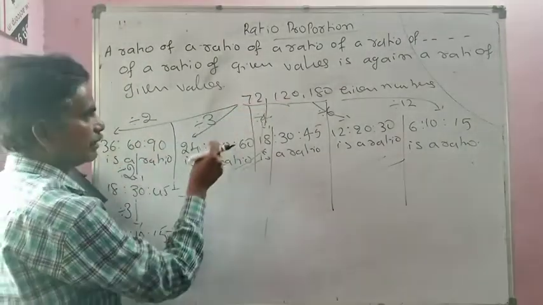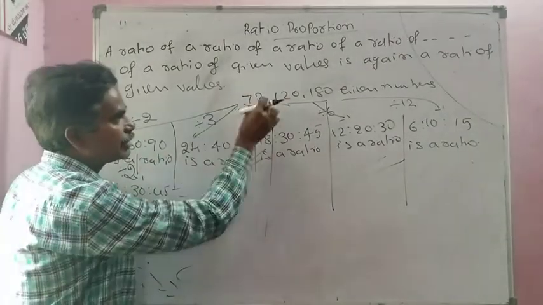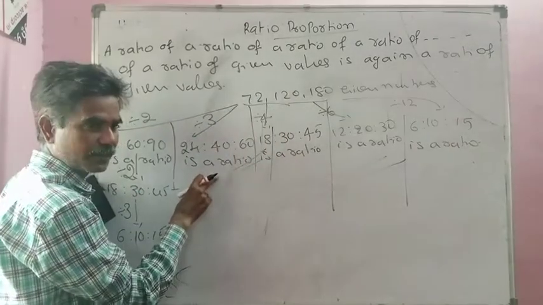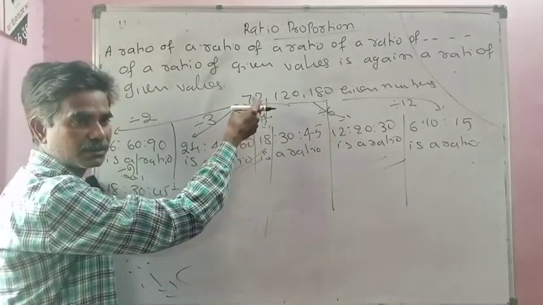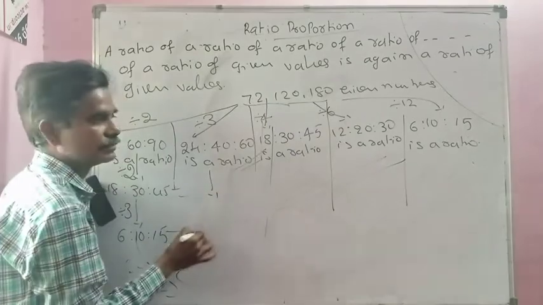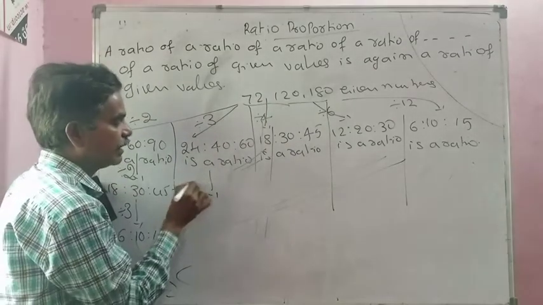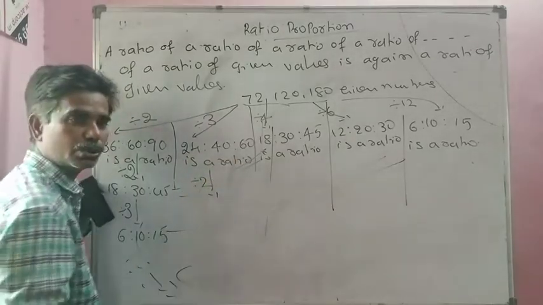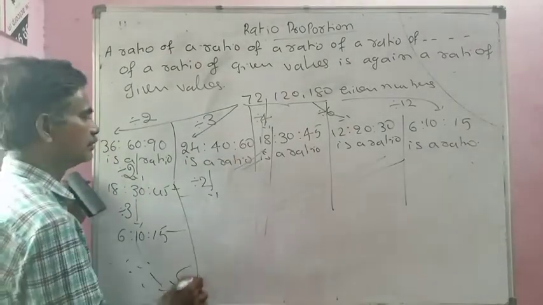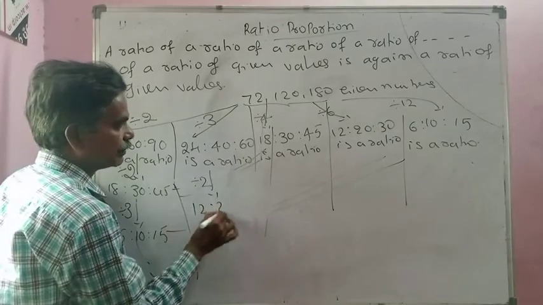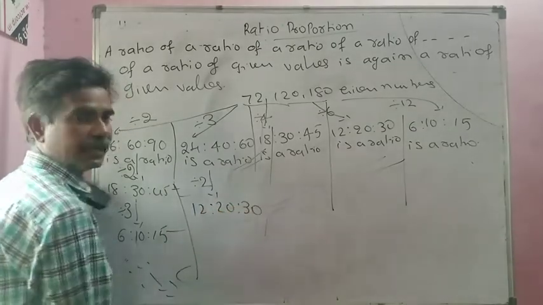Next, observe again here. We have a ratio of these values. This one is a ratio of these values. And if we find another ratio of this one, for that let us divide these values by 2. Then you will have 12 is to 20 is to 30.